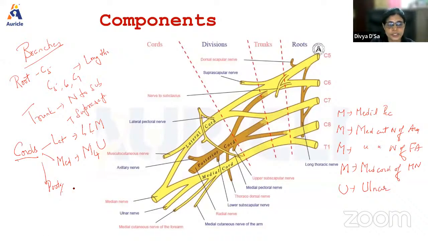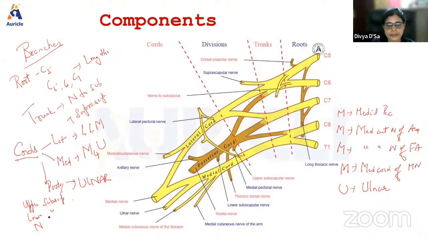And for the posterior cord, we can remember the mnemonic as ULNAR. U stands for upper subscapular. L is for lower subscapular.